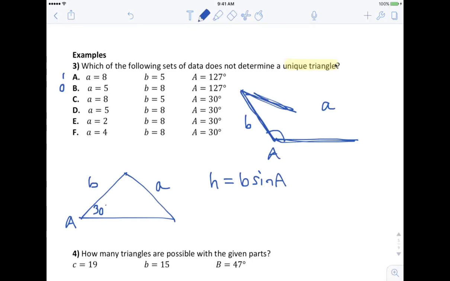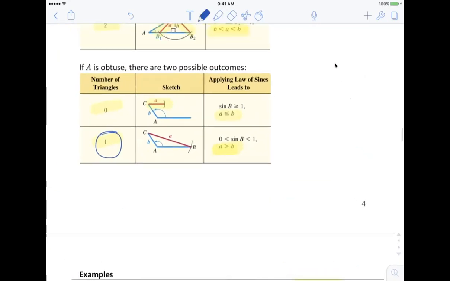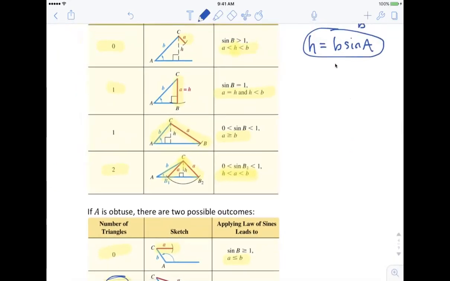Like for C, for this one, we've got A is 8, B is 5. So here's a scenario where you just have A really longer than B, right? If A is longer than B, that's this scenario right here, and that's 1.